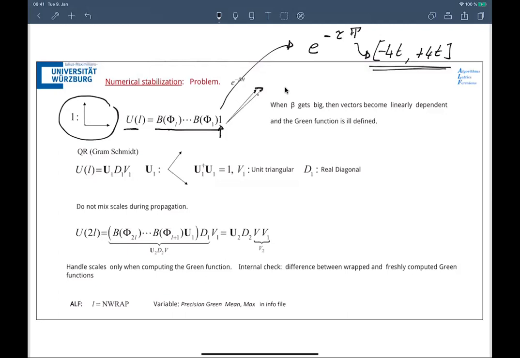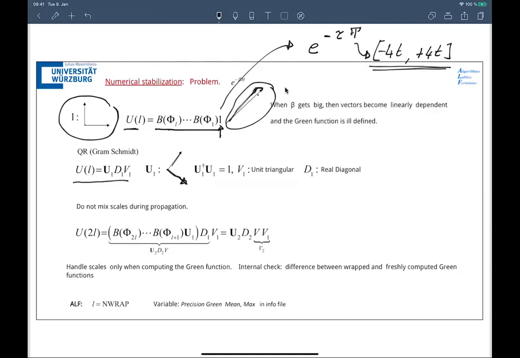We have to keep the scales separate, and the way to do it is to orthogonalize these vectors. I start with this U and do a Gram-Schmidt orthogonalization. I take this vector as the reference, and then take another vector here which is orthogonal to that.